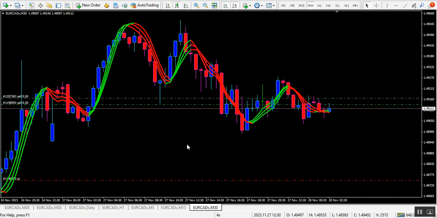The idea there is, such as right here, when they're all lime, you might consider buying. When they're all red, you might consider selling. Varying the periods of the indicator is, in a sense, multi-time frame.